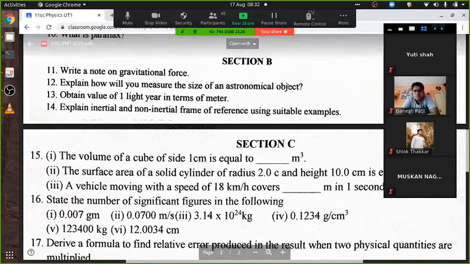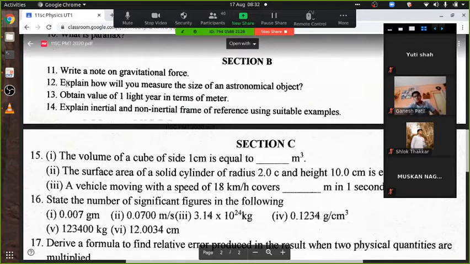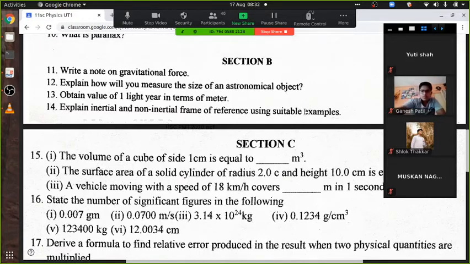How many have drawn a diagram for that? You are asked to measure the diameter of a planet or size of a planet. So few of you are not drawing a diagram for that.